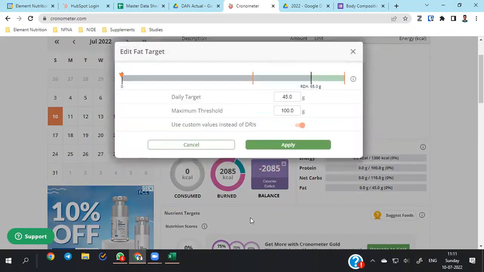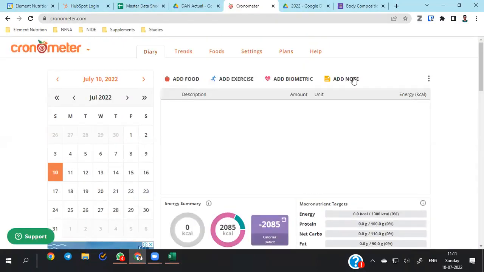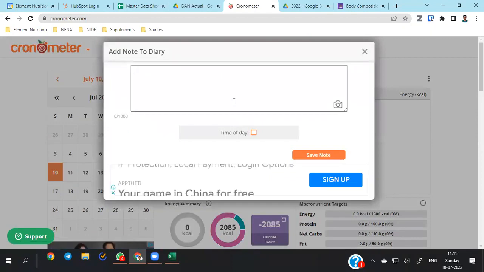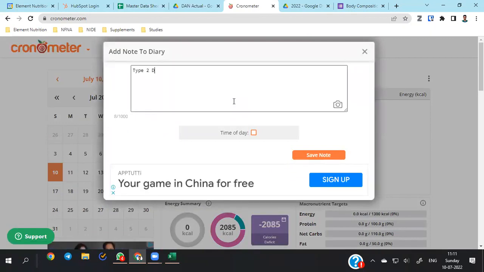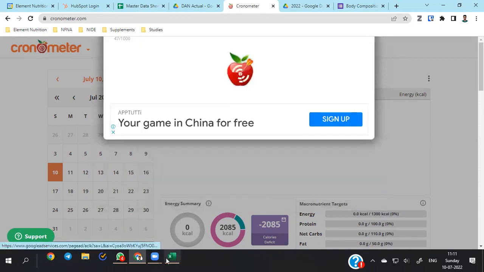Fat 50. Okay. So I'm just going to write down over here type 2 diabetes plan 1300 cals. Protein is 100p, 110c, 50f. Save the note.